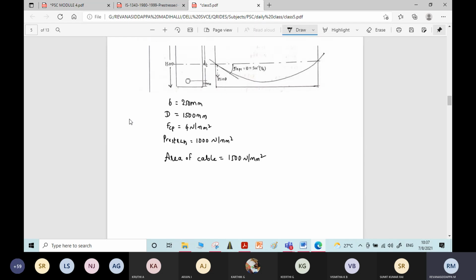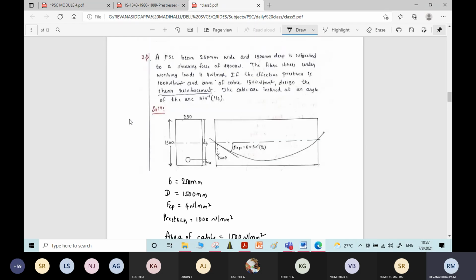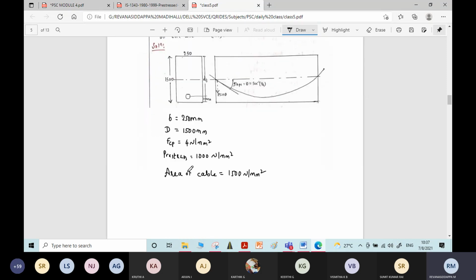In case of design problems, few parameters will not be given. If any required data is not given, you need to assume it and perform the design.